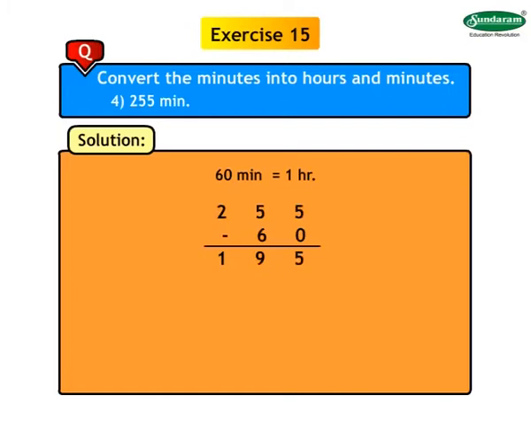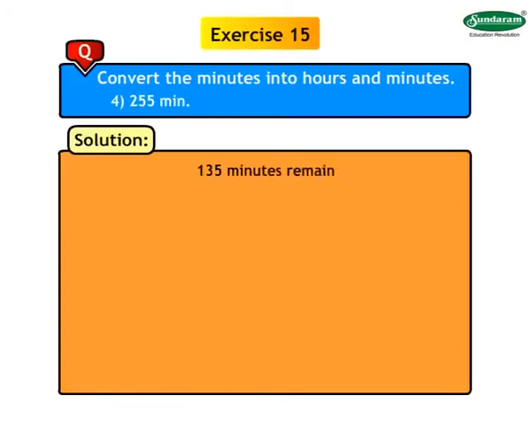Again, subtract 60 minutes from 195 minutes. Therefore, 195 minus 60 is equal to 135 minutes. Thus, 135 minutes remain. Again, subtract 60 minutes from 135 minutes.